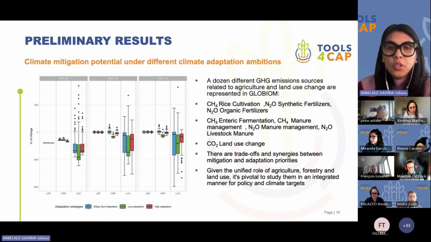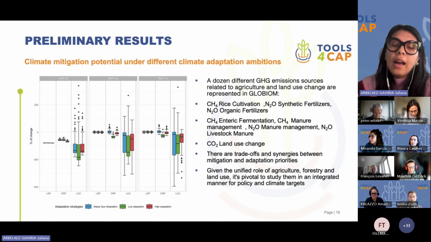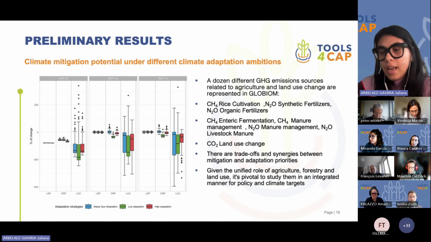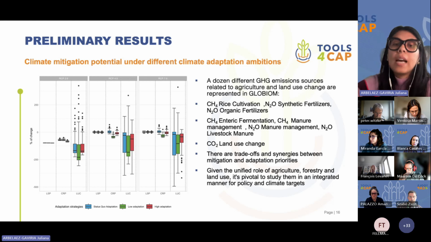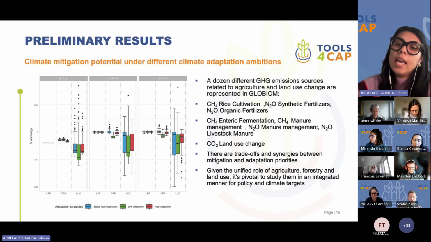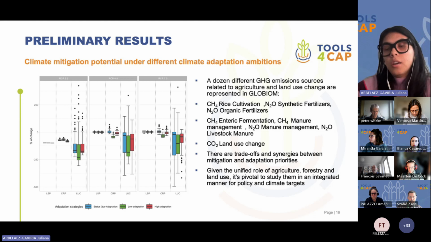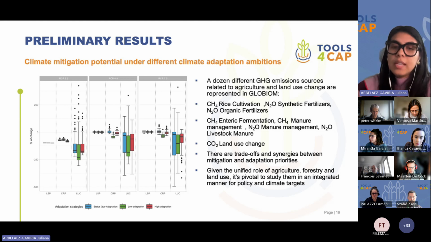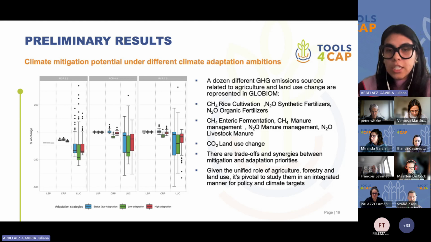So I just wanted to show that here and showcase that, of course, taking up irrigation as an adaptation strategy has an effect on the climate mitigation potential, because that could lead, specifically in this plot, to changes in the land use in the country, and we need to be mindful of the emissions associated with that specific adaptation strategy.